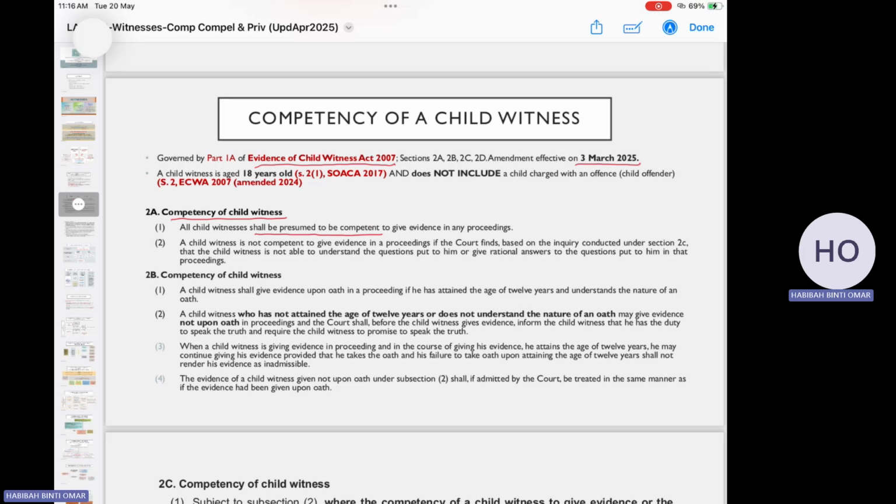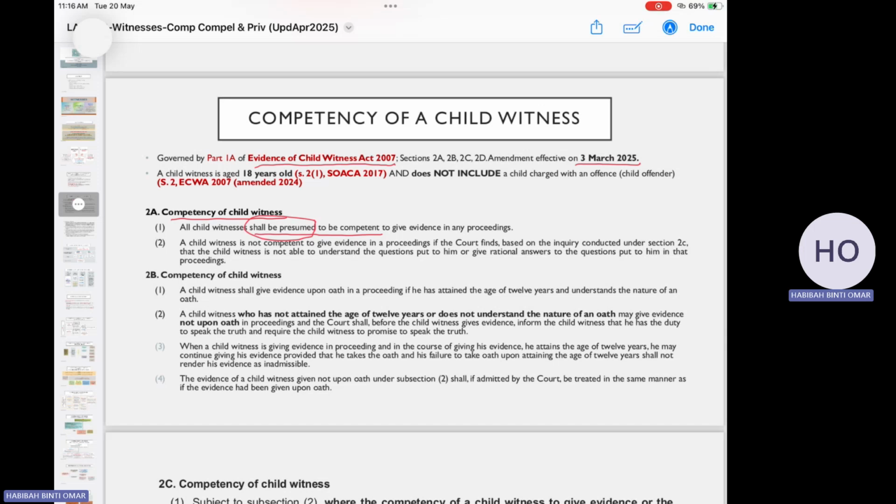If you look at the provision of Section 2A, the words used are shall be presumed. So Section 2A, subsection 1 provides a presumption that children are competent to testify. And by the use of the word shall here, this is a presumption of law.